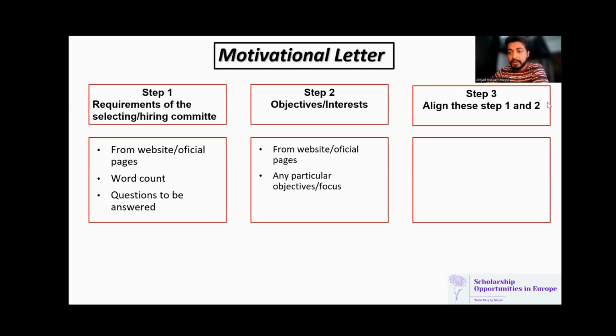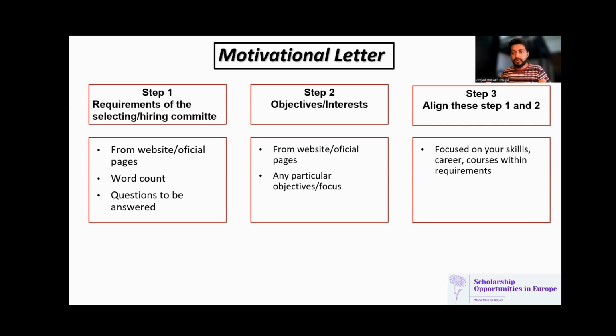In step three, once you are done with step one and step two, you are going to align them with your career skills. You will find out what your skills and career courses are within those requirements. Of course, you may have skills, courses, and degree certifications that reflect the research objectives or interests of the selecting and hiring committee.